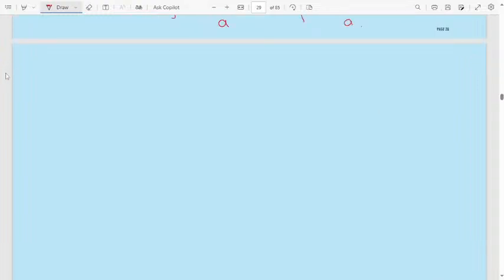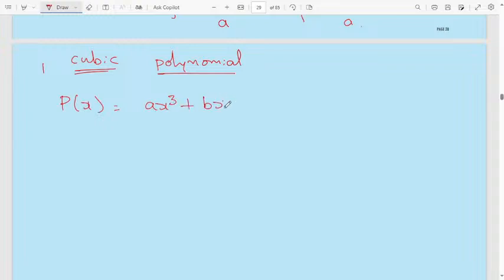The cubic polynomial is not there. I don't know whether they will give it or not, but I will write the formula. In the case of a cubic polynomial, p of x is ax cube plus bx square plus cx plus d, where a is not equal to 0.